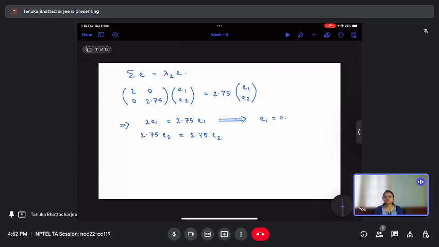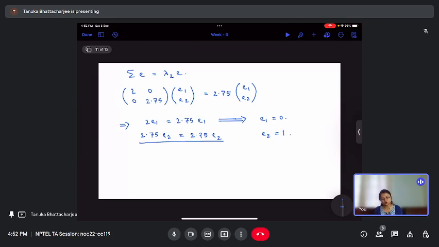The second equation says that all values of E2 will satisfy it, but since we are concerned with unit vectors, we will put E2 equals 1.